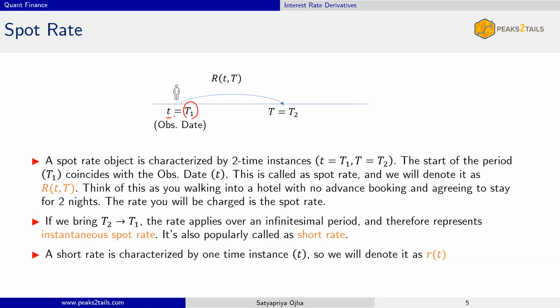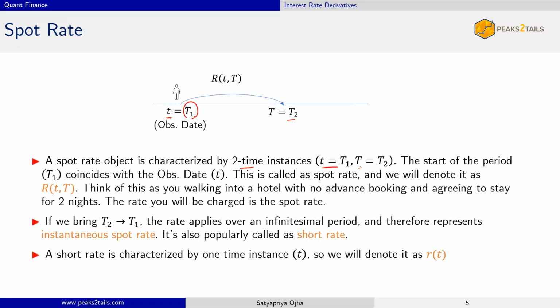So it's called spot rate and it is characterized by two time instances. You don't need three, because there is nothing forward happening. So small t is equal to capital T1 and we don't need T2. We can just call it capital T. So why call it T1, T2? We only need two time instances. All right, so this is called a spot rate, where the starting of the rate period coincides with the observation date.